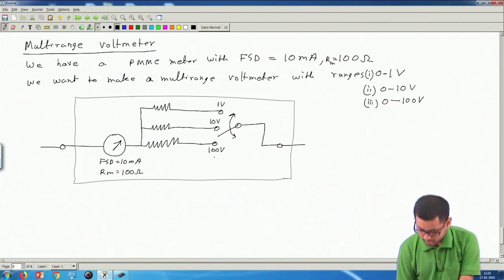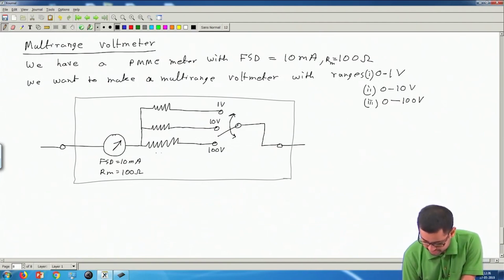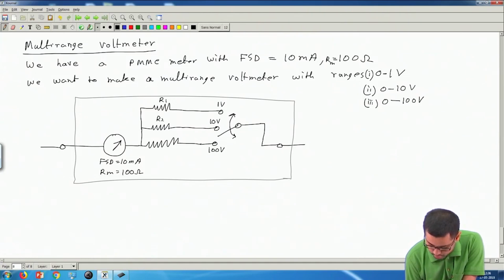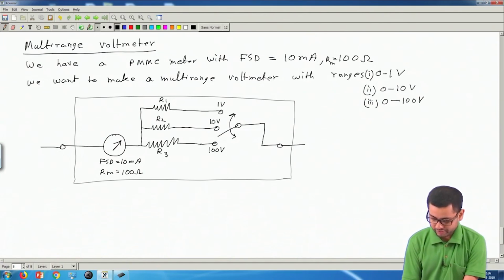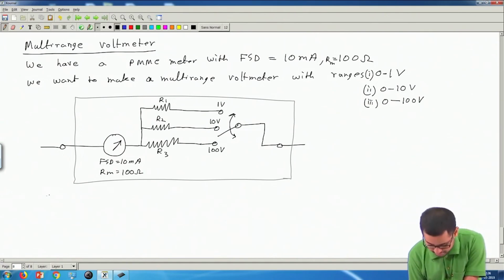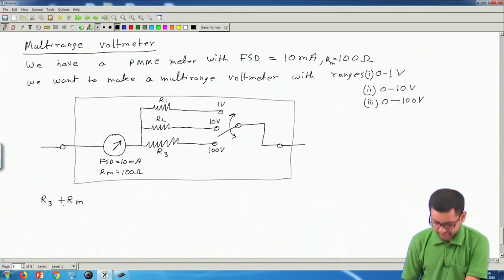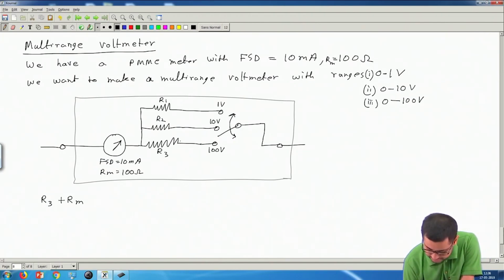So let's compute the values of these resistances. Call them R1, R2, R3. What will be the value of R3? Let's calculate R3 plus Rm.